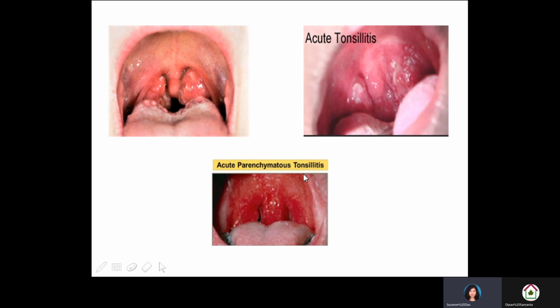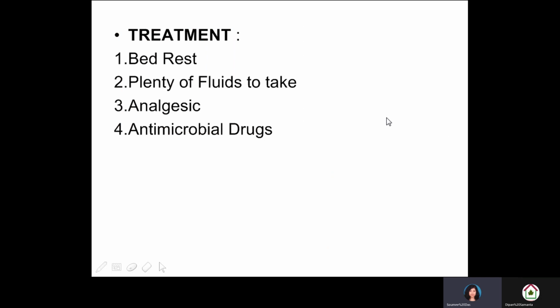Here the whole parenchyma, or the ground tissue of the tonsil, is reddened or undergoing heavy inflammation. That is why this has turned blood red. Here this is also acute tonsillitis. See, this tongue is also coated with white patches, and here there are spots. There is a whitish or yellowish patch. This means the presence of pus.